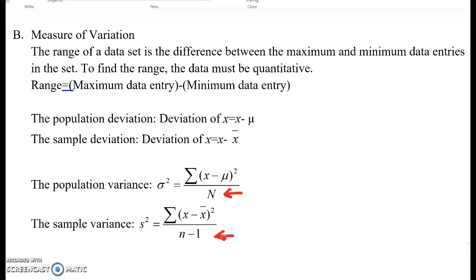Therefore, the sample cannot always describe the population accurately, which means sometimes we need to adjust the sample data set. Therefore, we make one empty space and then adjust the sample data set. We will talk about this part in more detail when we talk about normal distribution and also hypothesis tests.